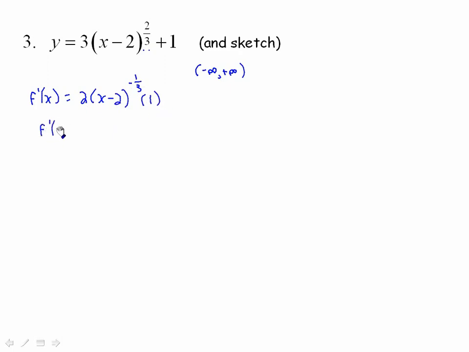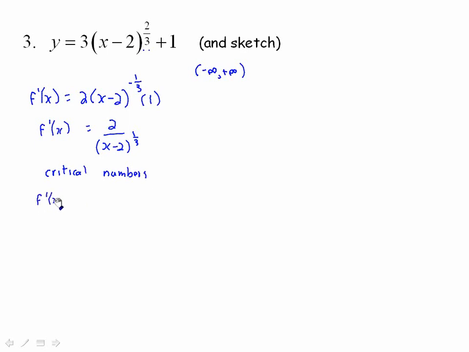So f prime at x is equal to 2 over (x minus 2) to the 1/3. So that actually wasn't too difficult to differentiate. So now we find the critical numbers. Please pause me at any time and work through this question on your own.